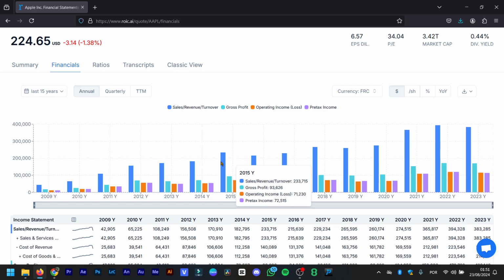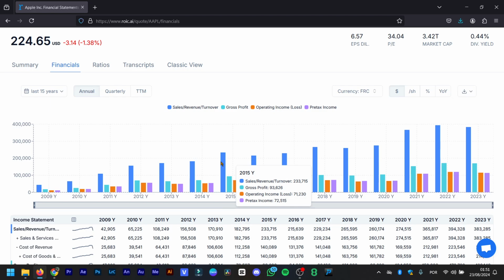High margins generally mean that the company has strong pricing power and is effective at controlling costs, which is especially important in a competitive industry. So the higher the margin, technically speaking, the better, but that's just one factor. You need to take every single thing into consideration. It's like you're building a puzzle here. You need all the pieces of the puzzle, kind of.